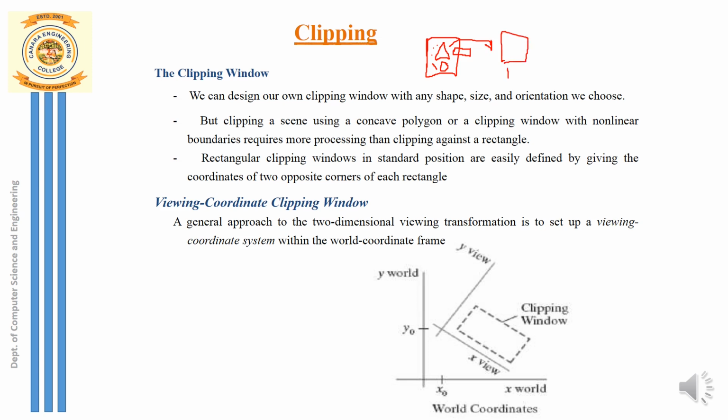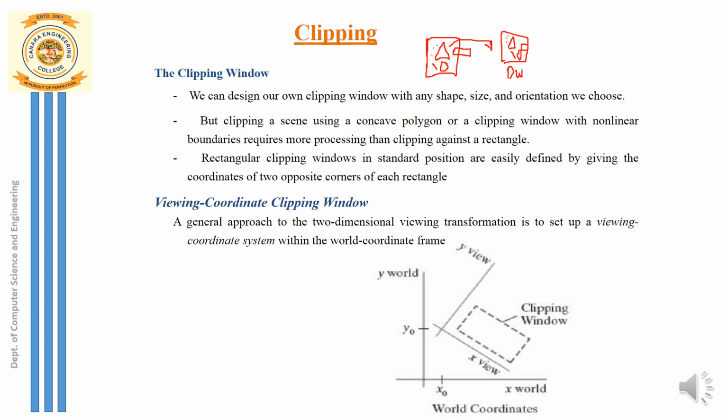All the objects that lie inside the boundary will be displayed on the display window. So what are the objects? The triangle, the line, the circle, the points, and one portion of the rectangle which is inside the boundary. Only that will be displayed.